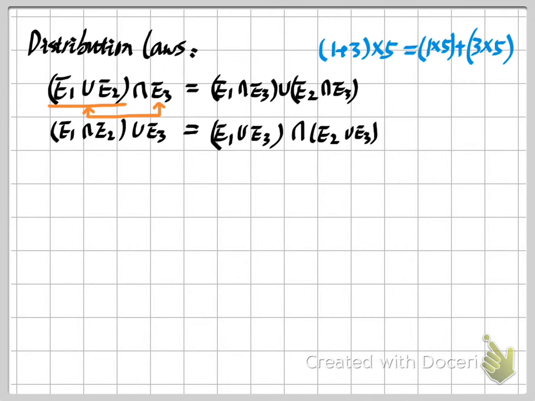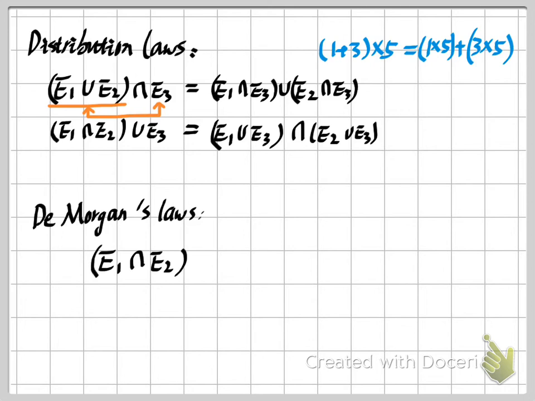And also the last topic I want to cover in this lecture is De Morgan's laws. De Morgan's laws are also about sets, but here the focus is more on the complement. We have the parentheses around E1 intersection E2 and then compute the complement of this result. By De Morgan's law, this equals E1 complement union E2 complement.